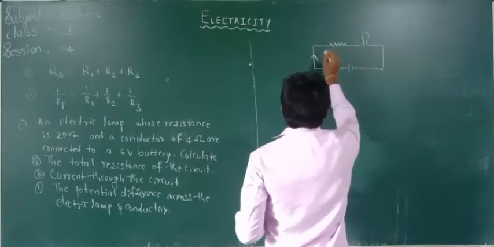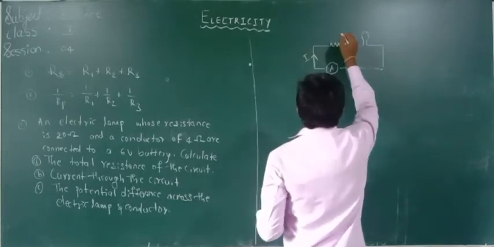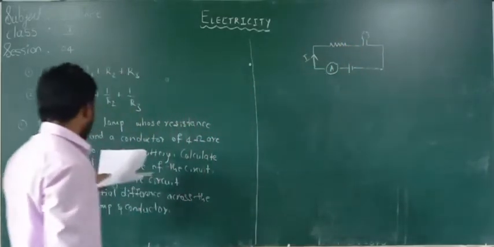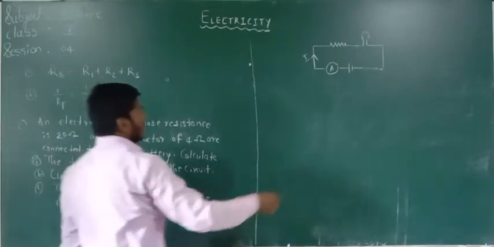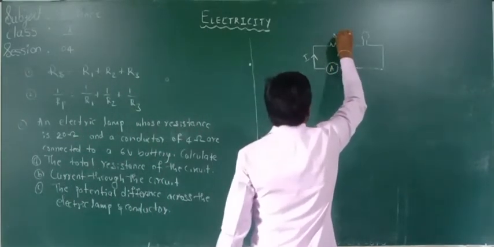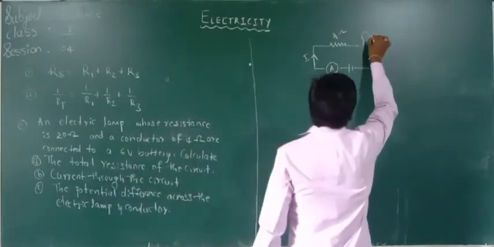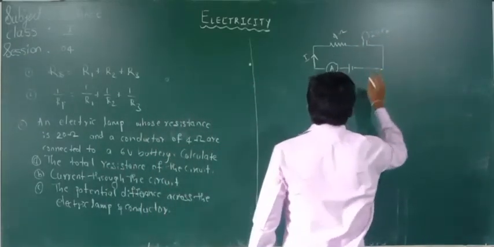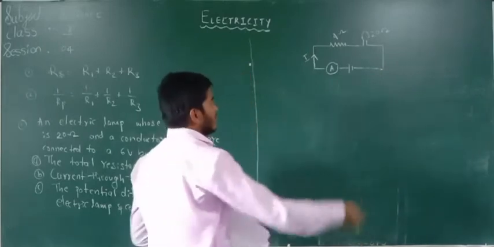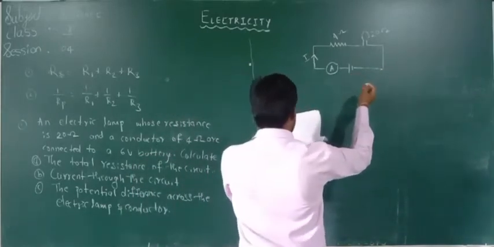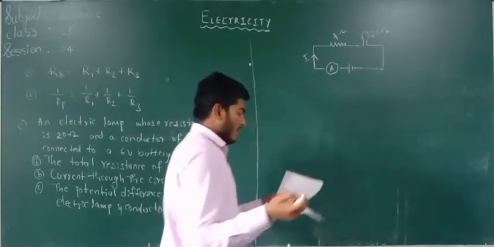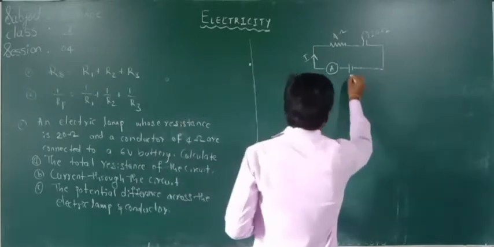Okay, this is the current I. What is the resistance of the conductor? That is 4 ohm. What is the resistance of the bulb? That is 20 ohm. And what is the potential difference of the battery? That is 6 volt.